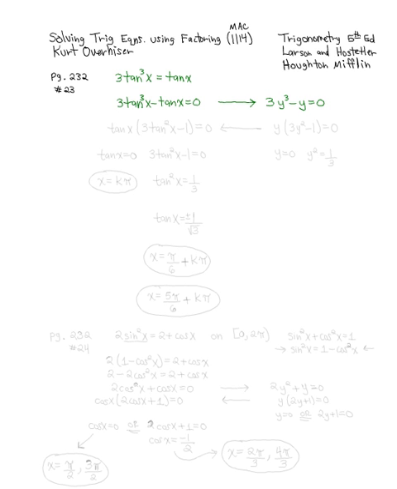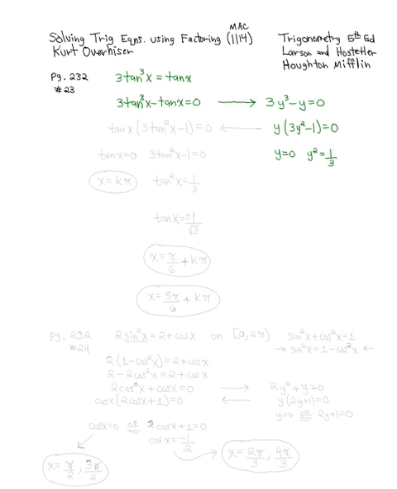So let's go ahead and factor the 3y cubed minus y equals 0, and we'll factor out a greatest common factor of y. Like that. And then we can set each factor equal to 0 using the zero product property. And so we end up with that.